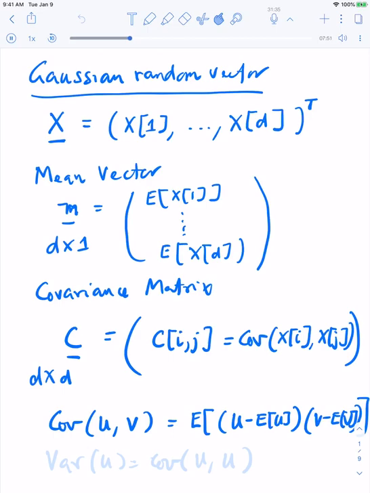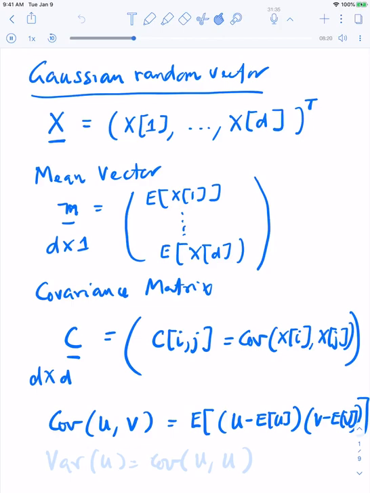So you can see that certain properties of covariance fall out immediately. Like if I add 10 to u and 20 to v, they would not change the covariance, because the 10 would become part of the expected value of u and it would get subtracted out, and the 20 would become part of the expected value of v and it gets subtracted out. So there's a bunch of properties of covariance that you can write out. It's insensitive to translation.